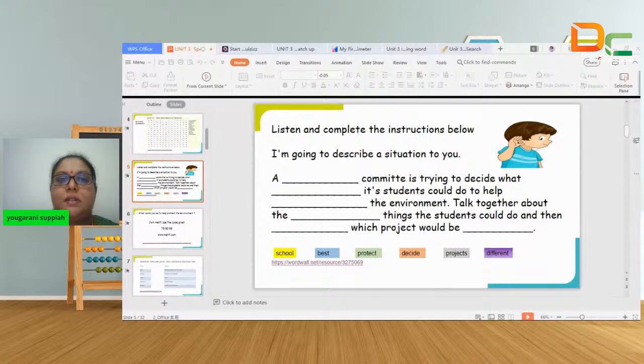Okay, what could you do to help protect the environment? For this, I want you to join Menti. You can use the code given here, so we will be having a live presentation.